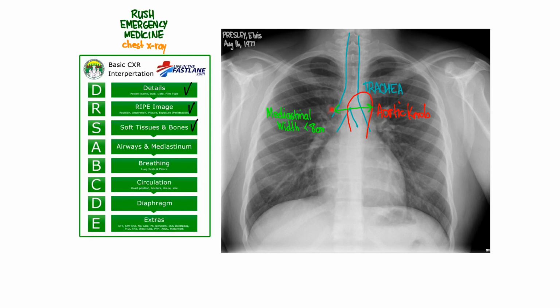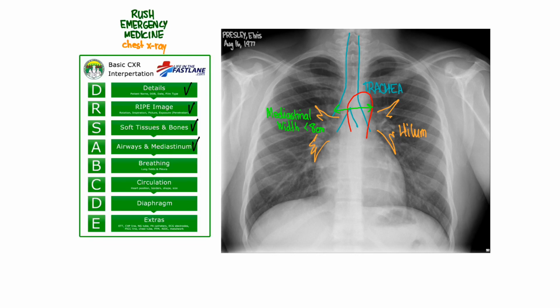And the mediastinal width should be less than about 8 centimeters. In the old days, we just used to put our pager, which is about 8 centimeters, up on the mediastinum. And if it was bigger than our pager, then something was wrong. And of course, you could look for irregularities or fullness in the hilum, which you might see with heart failure. So those are really the elements of the airway and mediastinum that we're going to look at.